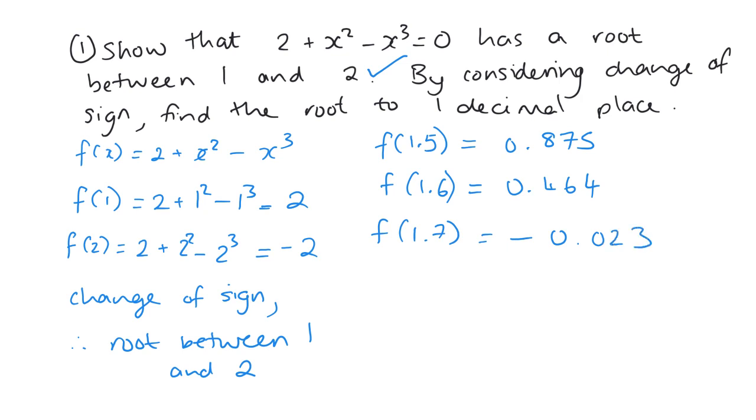So we know the sign has changed, so the root is somewhere between 1.6 and 1.7, if we drew out the graph. Just pick which one's closer to 0. You can see 1.7 gets us closer to 0 than 1.6 does. So the root is 1.7 to one decimal place.